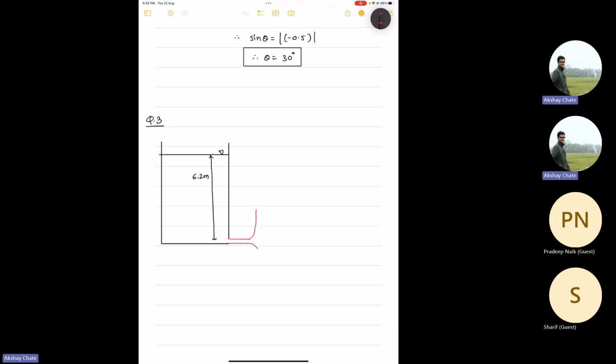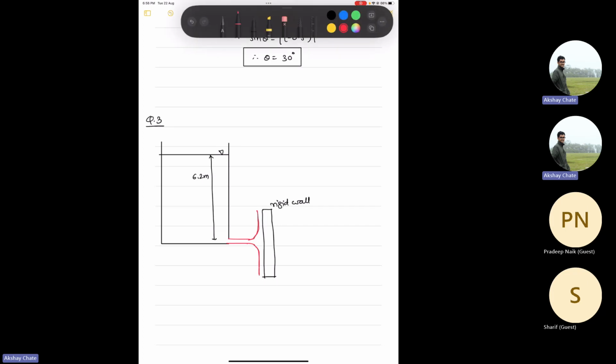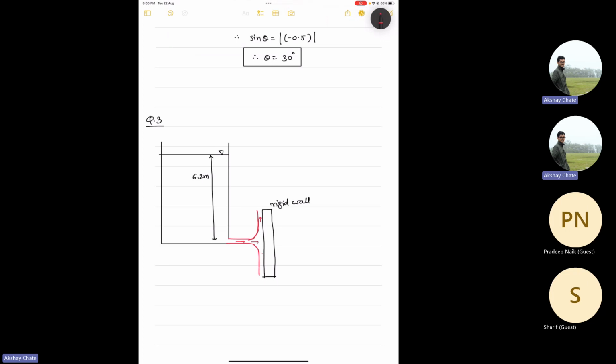On the wall it is spreading like this. And there is a rigid wall. This is your rigid wall. This is a circular jet, and the diameter is 300 mm.